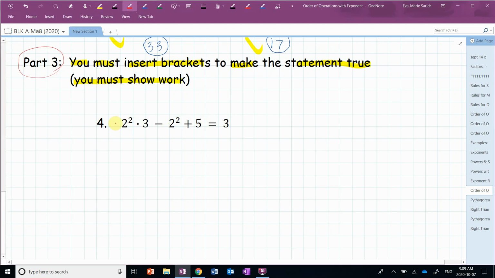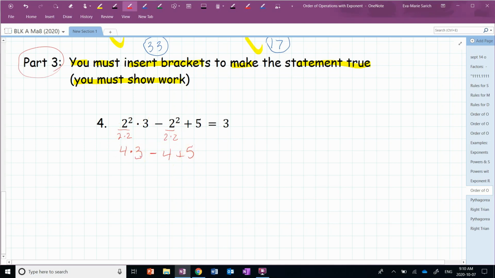So let's just work it out the way it is. No brackets, so we move to exponents, and we'll go from left to right. 2 squared means 2 times 2, which is 4. And same thing here, 2 squared is 4. I'll copy down the rest, so that's a times 3 and a minus plus 5.